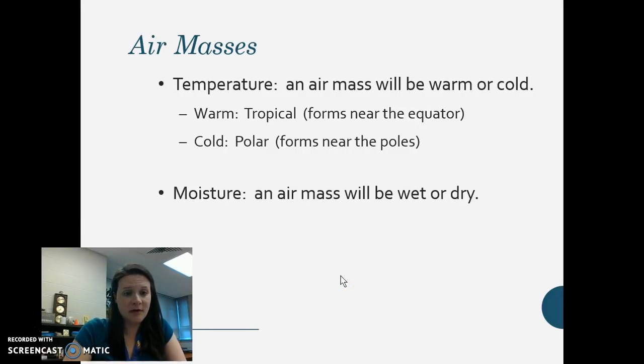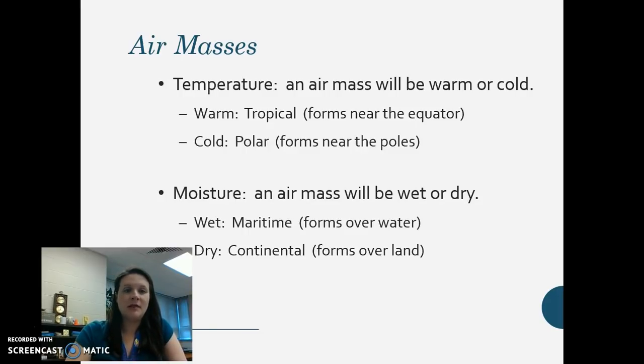For moisture level, the air mass will either be considered wet or dry. The wet moisture levels we call maritime, and these form over water. And it would need to be a large body of water, so an ocean. And the dry air masses we call continental, and they form over land.